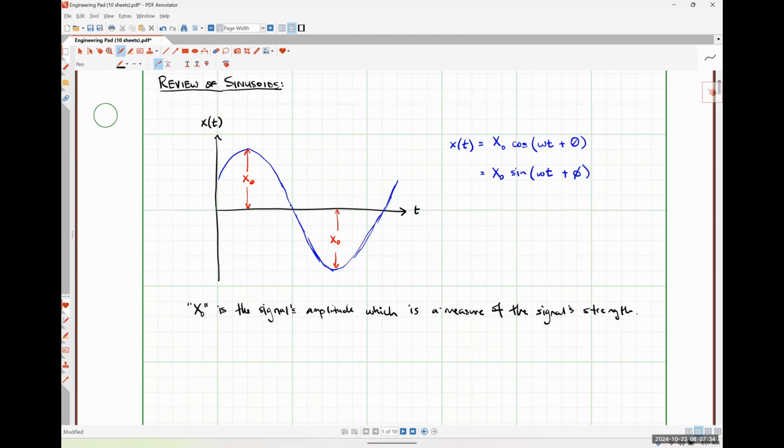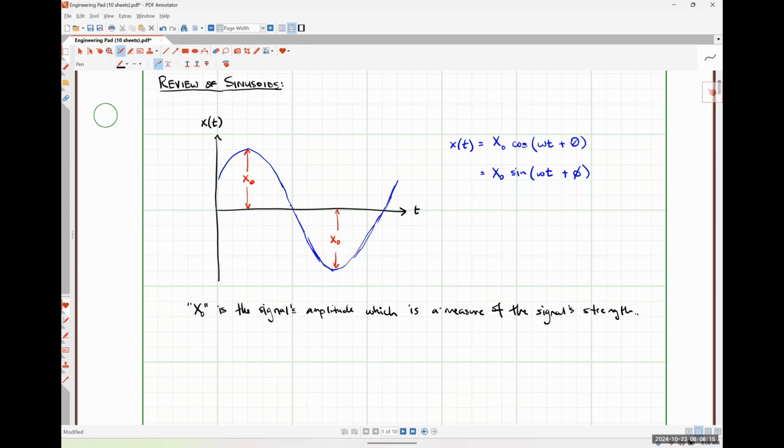So, as a quick example here, the voltage that is being provided by every single receptacle in this classroom would be able to be represented by a cosine function or a sine function whose amplitude would be roughly 169.7 volts, which means the voltage that's coming out of one of those receptacles or sockets is oscillating between positive 169.7 volts and negative 169.7 volts with some sort of periodicity that we'll talk about here in a moment, okay?